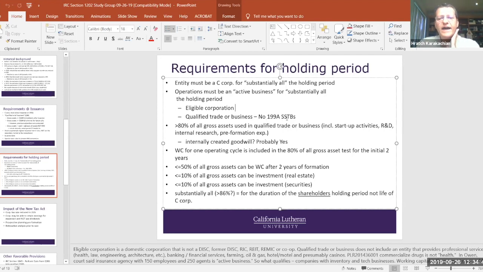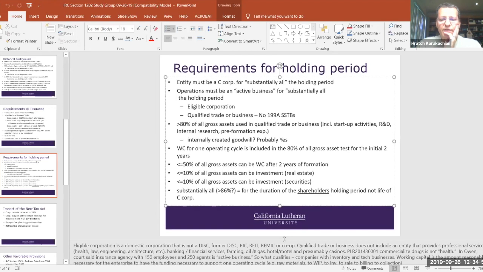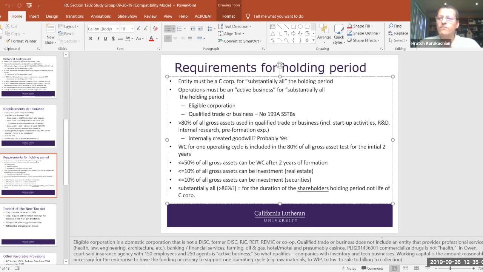And there's a tie-in here to the 199A specified trade or business. Although the list under 1202 is a little bit bigger, I'll go over some of them here. So what are we looking at?